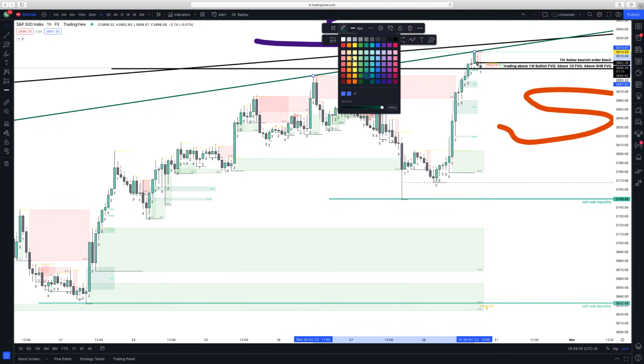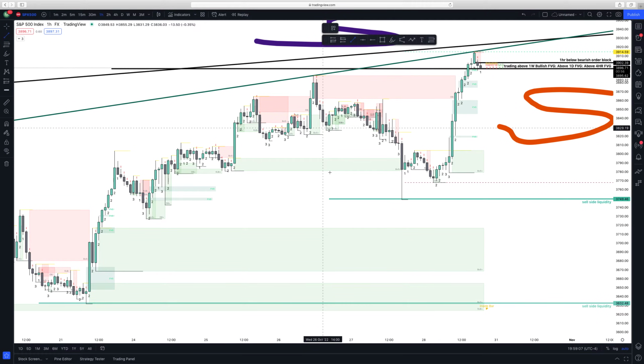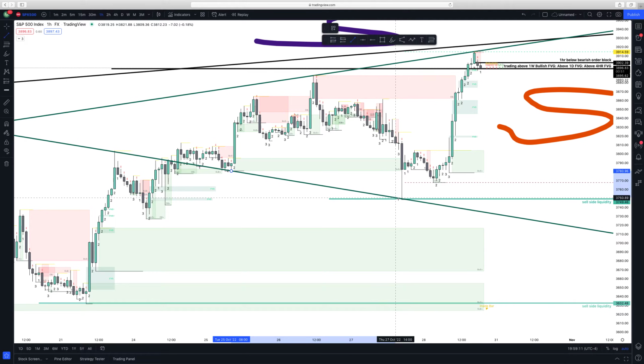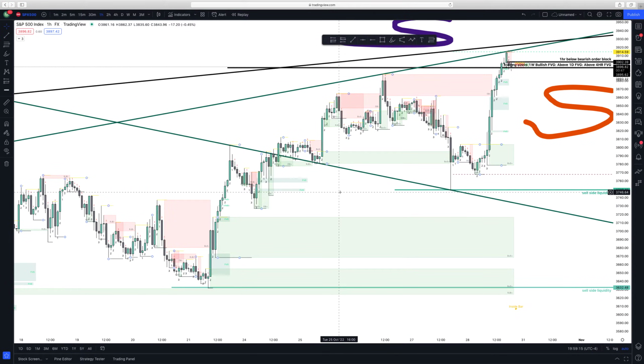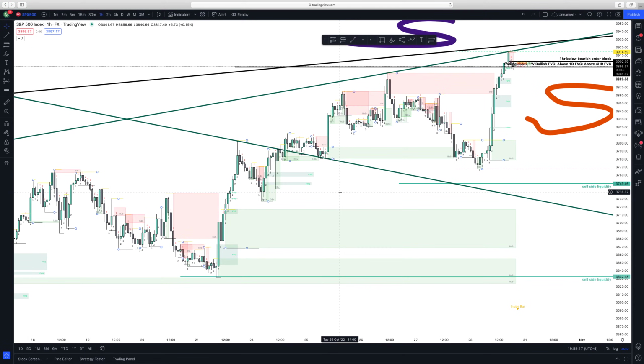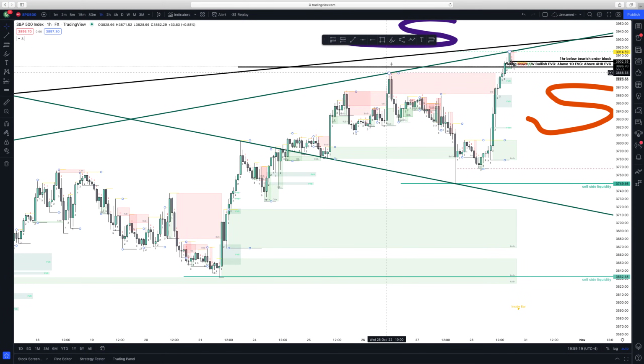So the green broadening formation is definitely coming from the 1 hour chart, and I would use a low to another low. So that is my broadening formation from the 1 hour chart. Every time it gets to this area on a 1 hour chart, it drops. Back here at the top, at the broadening formation, it drops.